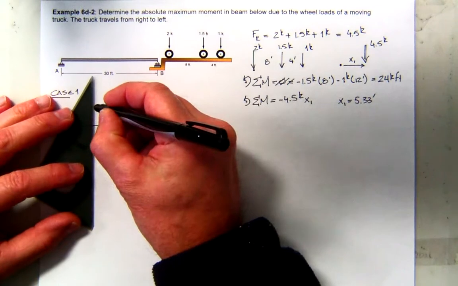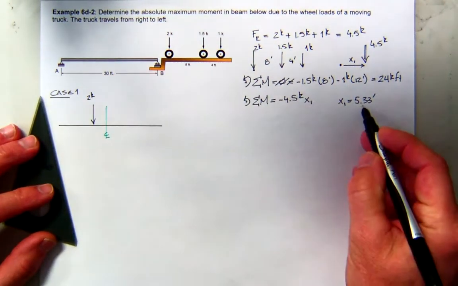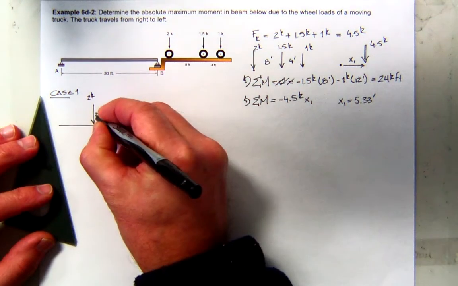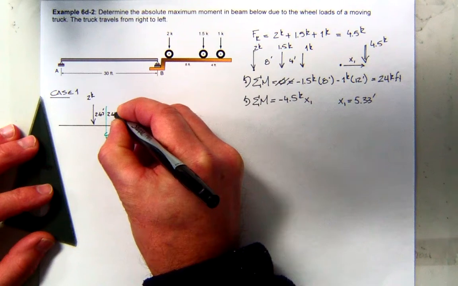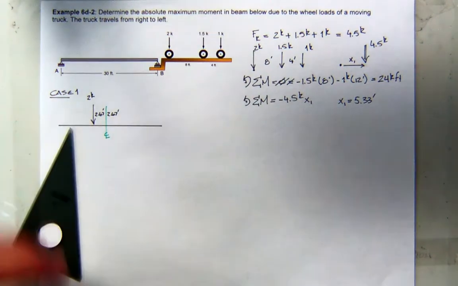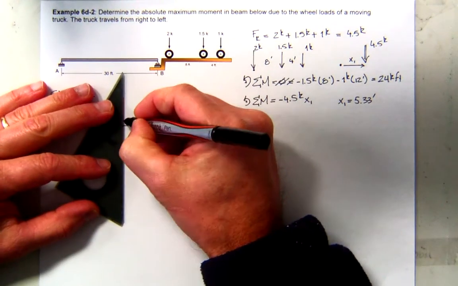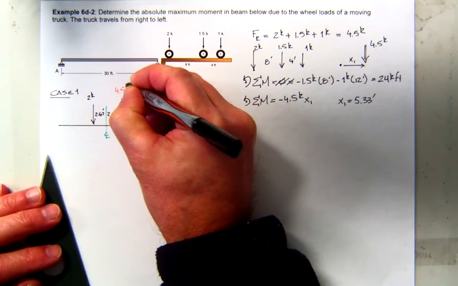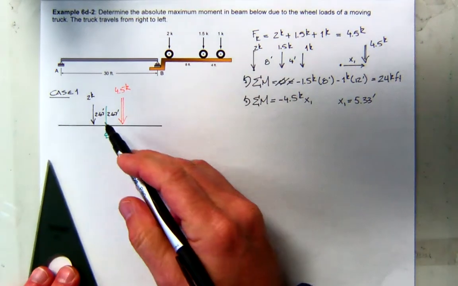So that means that I'll have my 2 kip force here. And what's half of that? 2.67. So we'll have 2.67 feet here, and then 2.67 feet back we hit the equivalent force. Okay? Now where do the other ones fall?